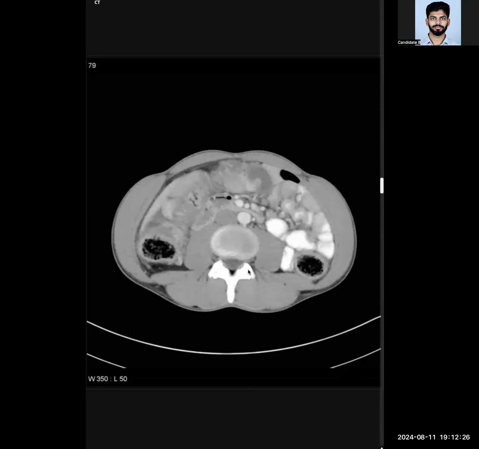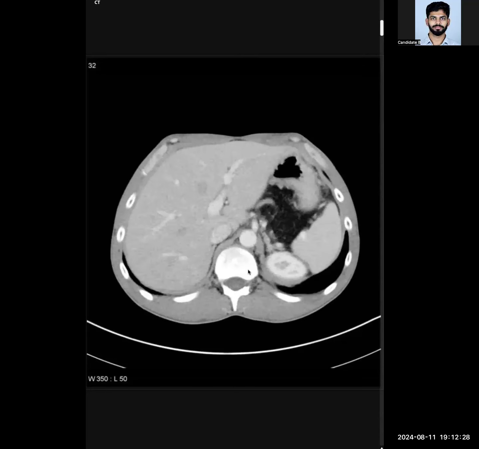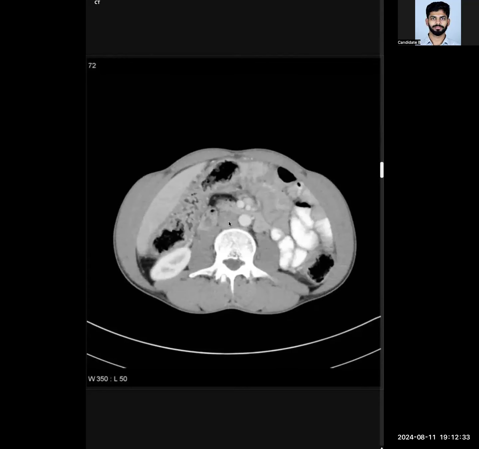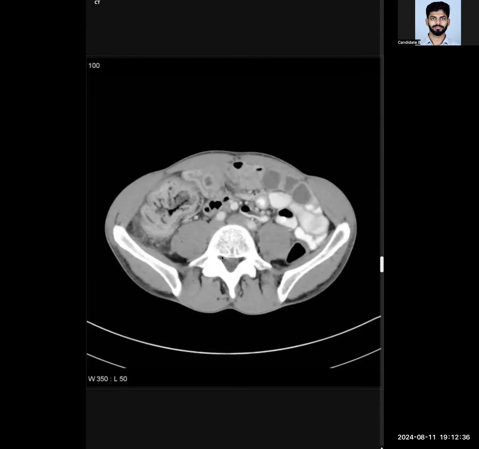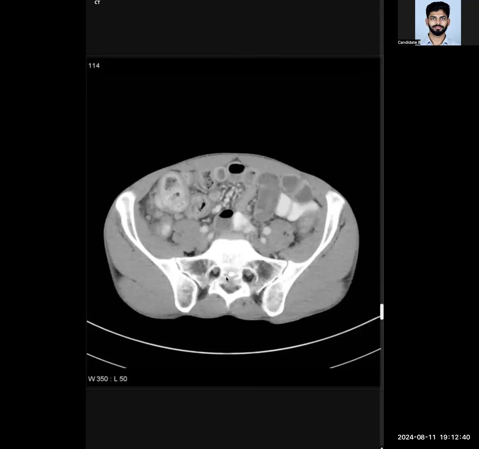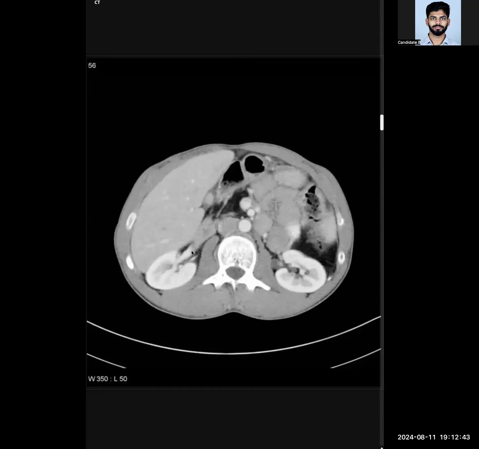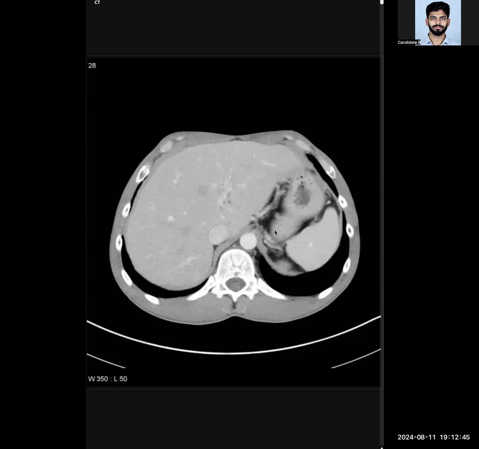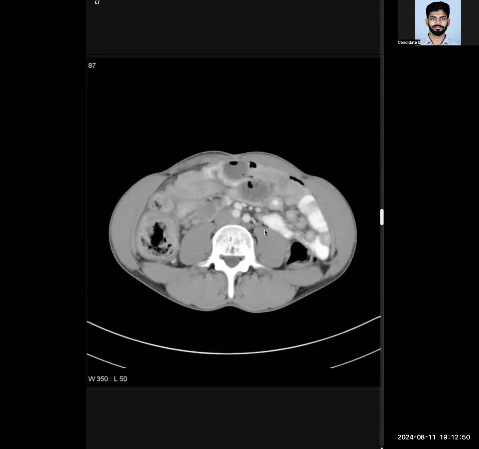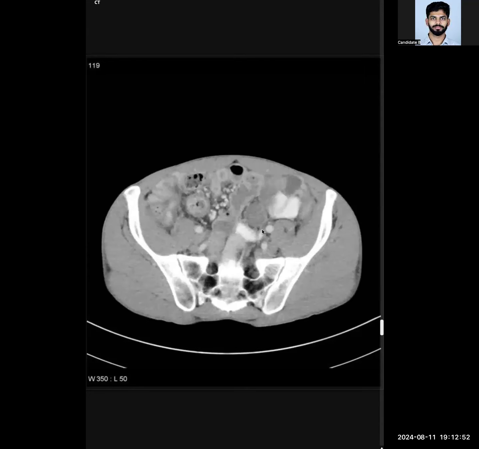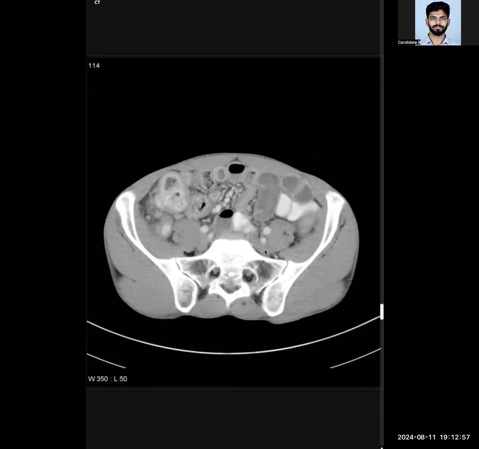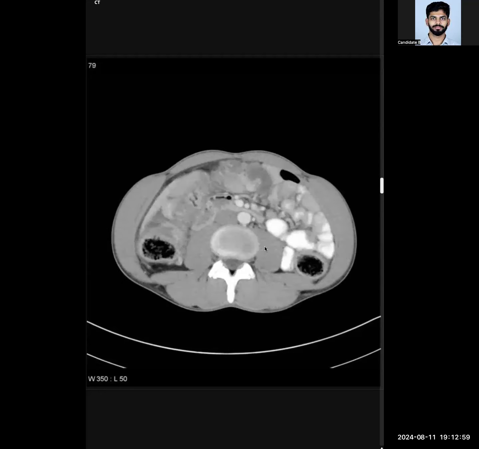I can see that the pancreas is completely replaced by fatty tissue, which is due to the known case of cystic fibrosis. Other than that, I can see there are dilated bowel loops involving the small bowel loops, and I'm trying to see the large bowel loops.